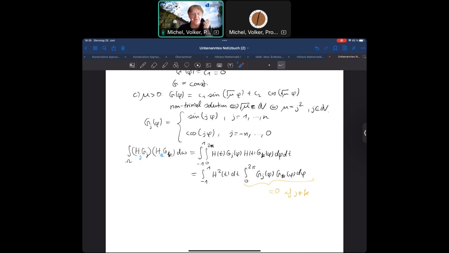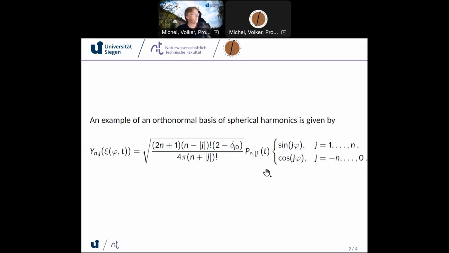This is the common system of spherical harmonics basis functions that occur in practice. You recognize here the g_j functions, as I called them, the trigonometric polynomials with respect to the longitude, and the solutions of the h functions, as I called them, are the so-called associated Legendre functions.